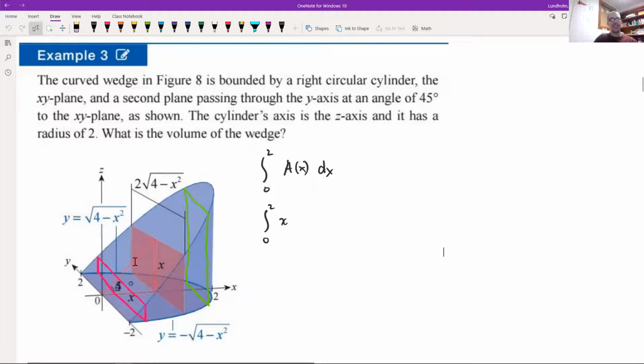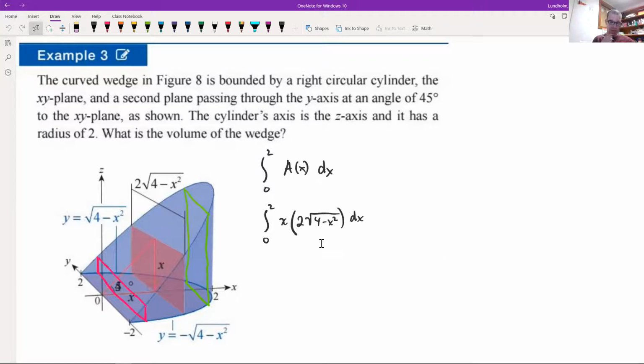So really the distance that we're going here will be 2 times the square root of 4 minus x squared. So for the width of the rectangle, I'm going with 2 times the square root of 4 minus x squared. And so I think we have height times width here. And we could be good to go. Let's see what happens.